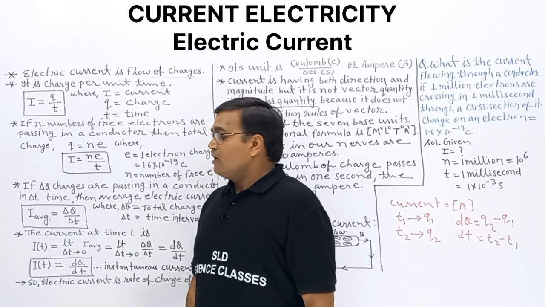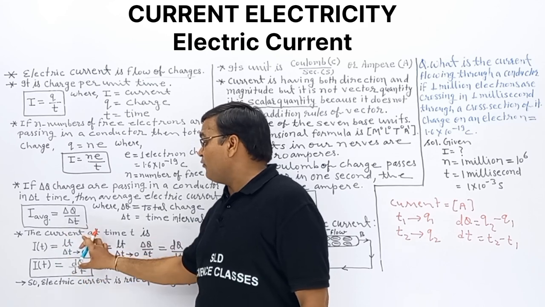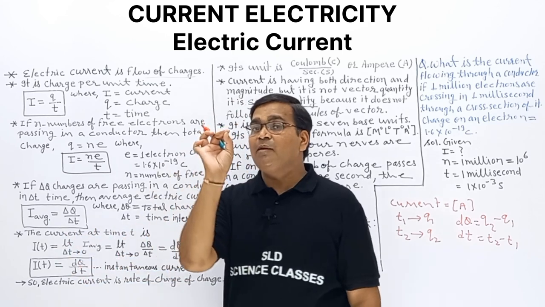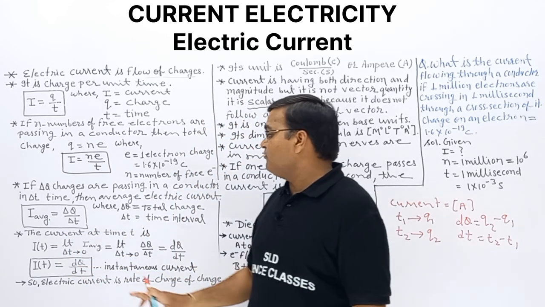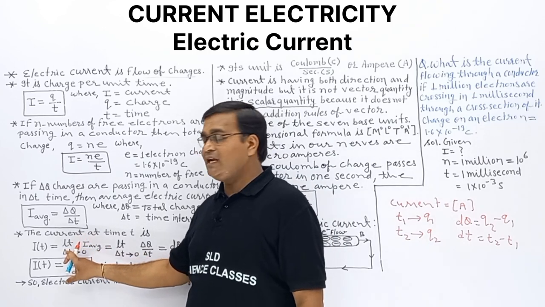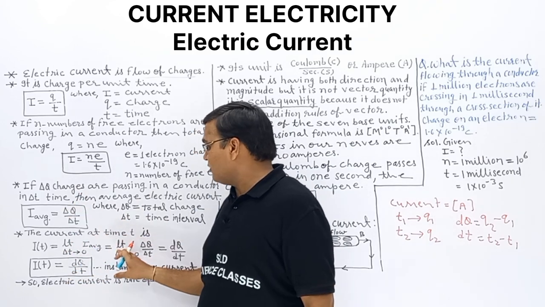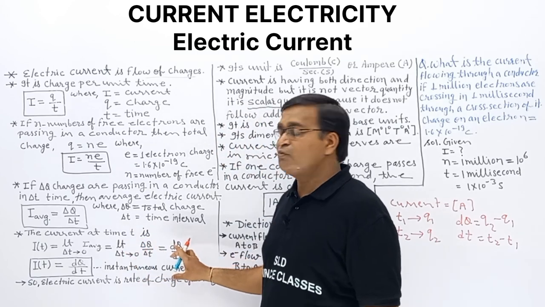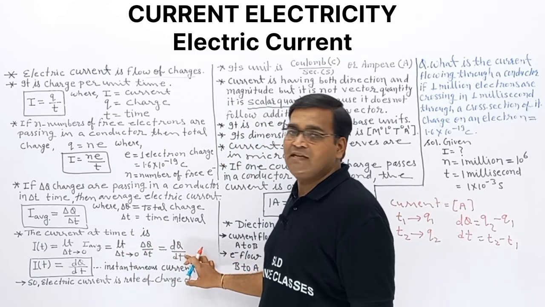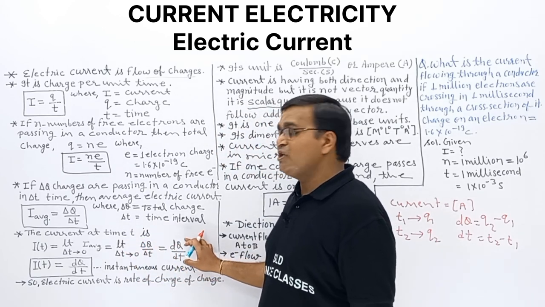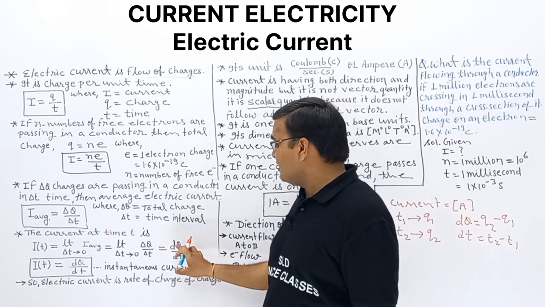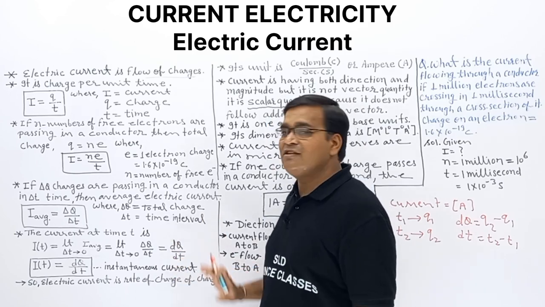Clear? And for instantaneous current, we want the current at time t. At the time t we want the current, then we will use the limit delta t tends to 0 of the average current. When we solve this, we get dq by dt, which is the rate of change of charge, that is, change in charge upon change in time.